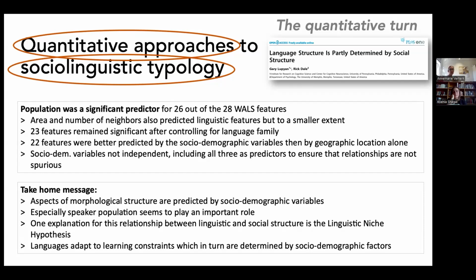So the take-home message from that paper is that yes, there are aspects of morphological structure that are predicted by socio-demographic variables, by population size. And one explanation for this relationship between linguistic and social structure is the linguistic niche hypothesis, where languages adapt to learning constraints, which in turn are determined by socio-demographic factors, in terms of these esoteric and exoteric languages.